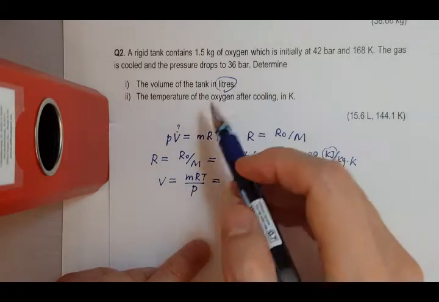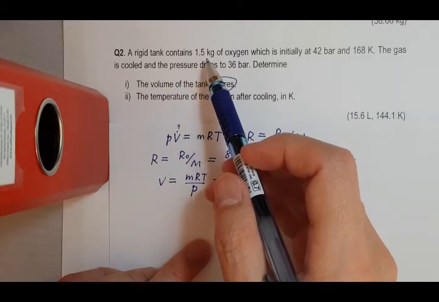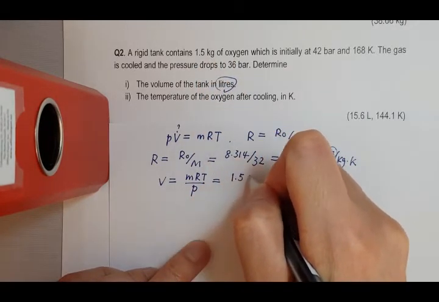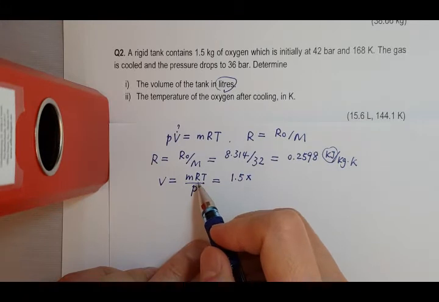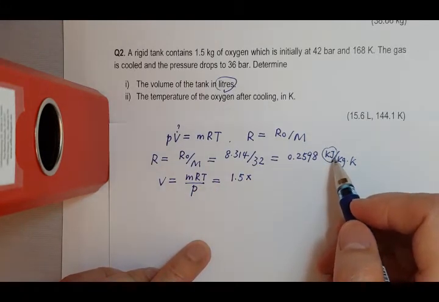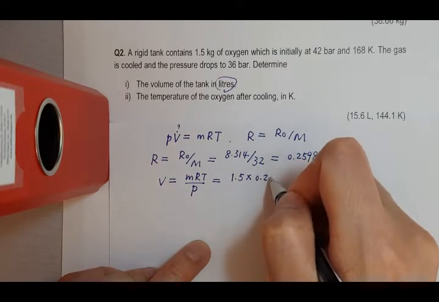M is 1.5 kilogram, already an SI-based unit, so we don't worry about that. Times R. As I said, we need to convert that kilojoule to joule by times 1000.